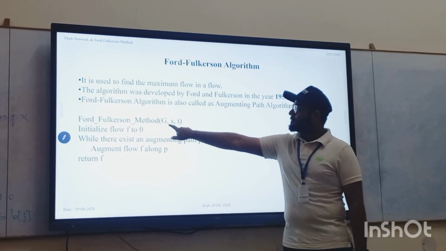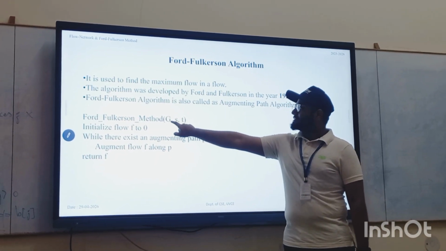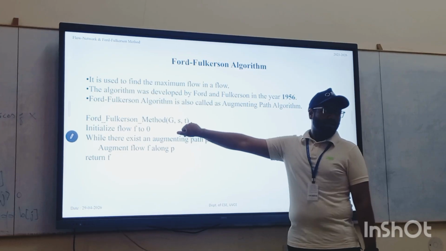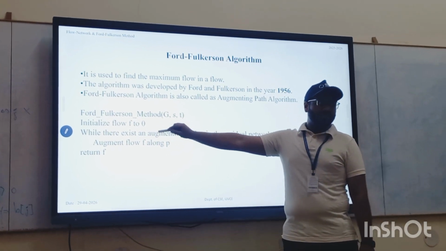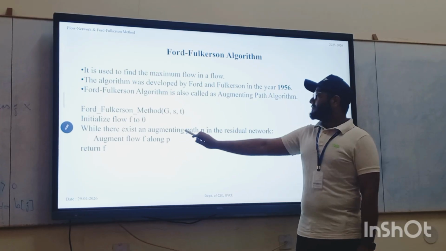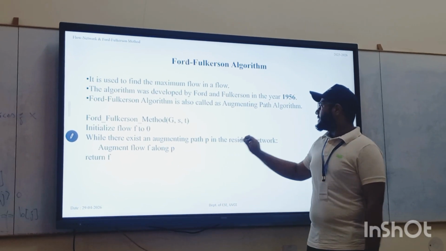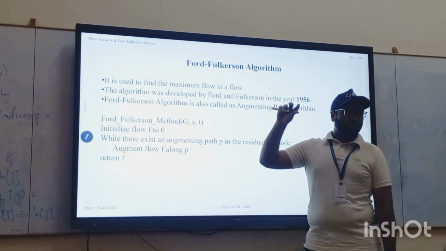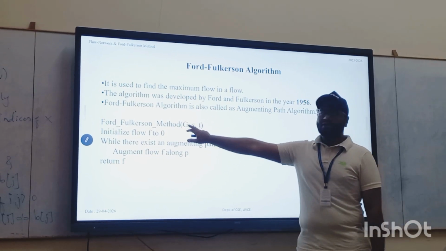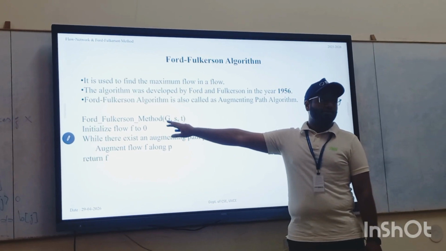Ford-Fulkerson method. This is the graph G. This is the input. This is the source and the sink. Initially the flow is initialized to zero. Then we see if there is an augmenting path in the residual network. In the starting, whatever graph we get, that only we consider as the residual.